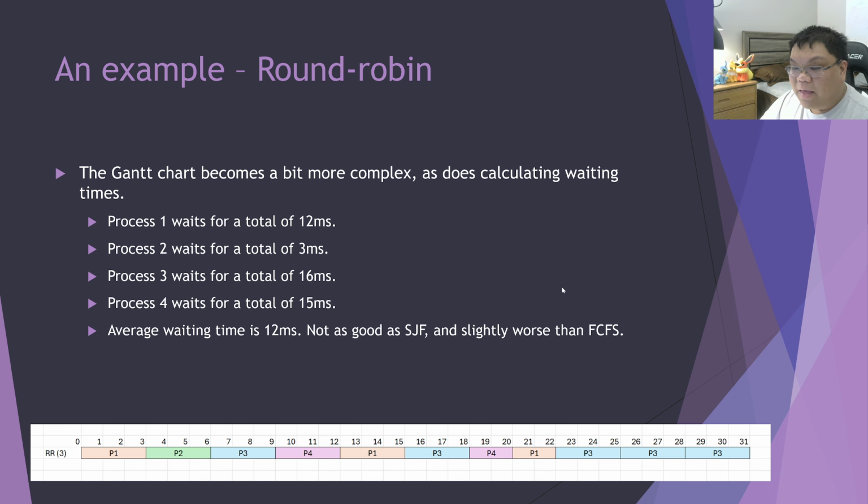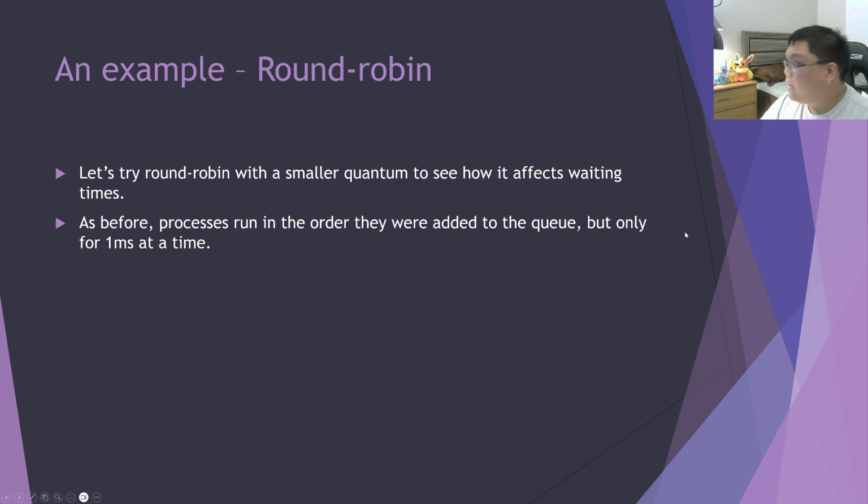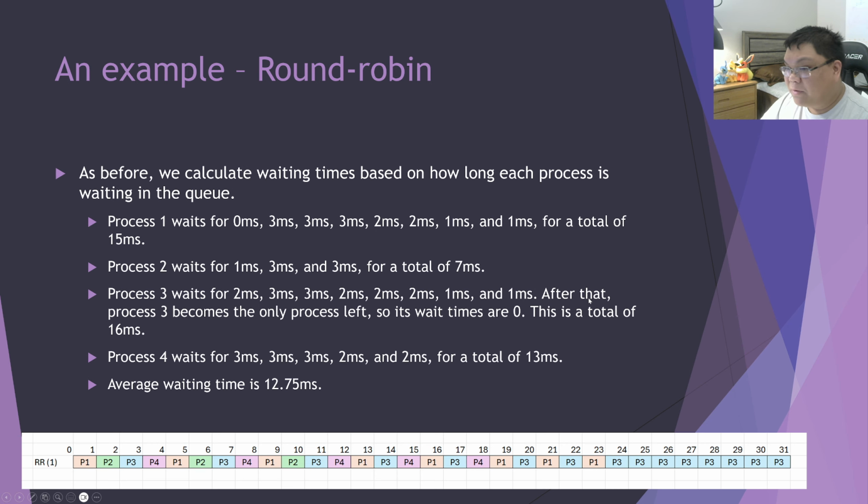We can make things more interesting by trying a smaller quantum. So for this extreme, let's try a quantum of 1. Process 1 has to wait for 0, 3, 3, 3, 2, 2, 1, and 1 millisecond for its turn to run.